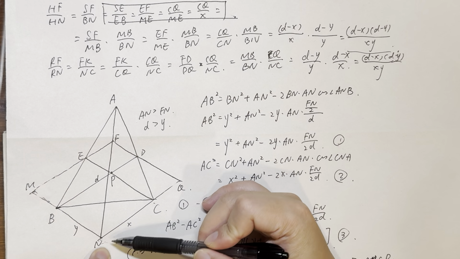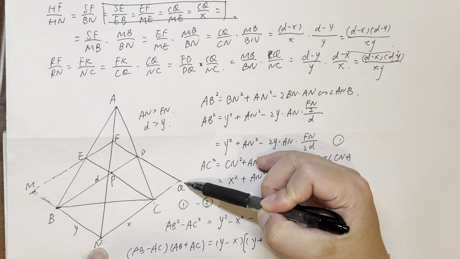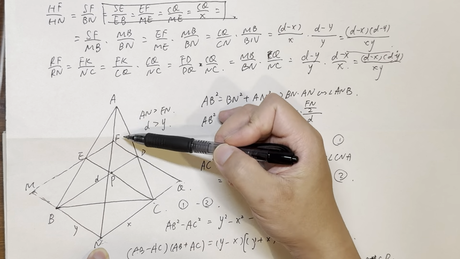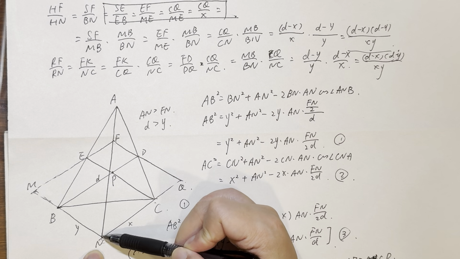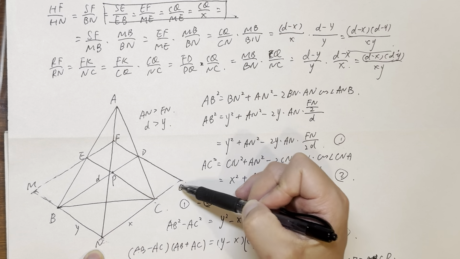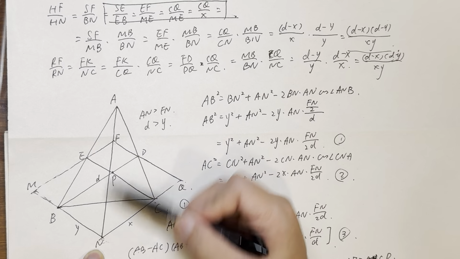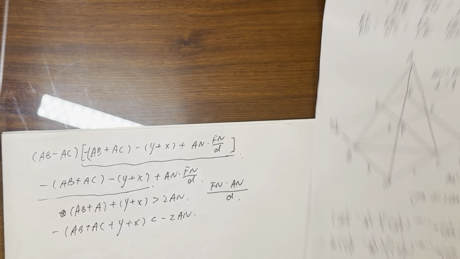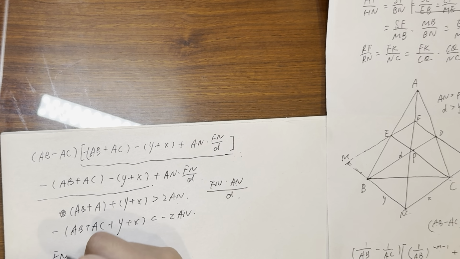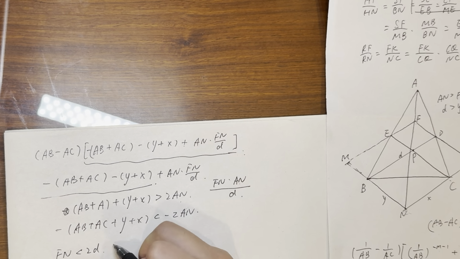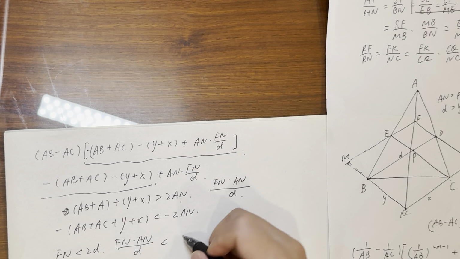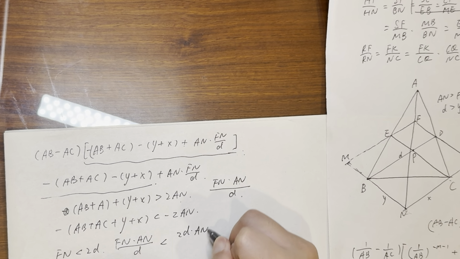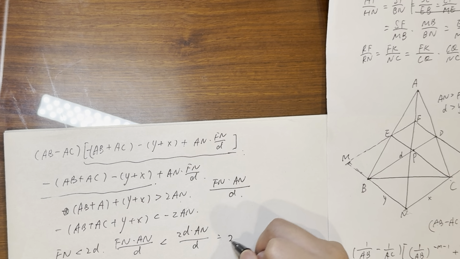Okay, if you look at this one here, NQ is d, FQ is d, right? So Fn should be less than d plus d, Fn should be less than 2d. Right, so that means Fn times An divided by d should be less than 2d times An divided by d, which is 2An.